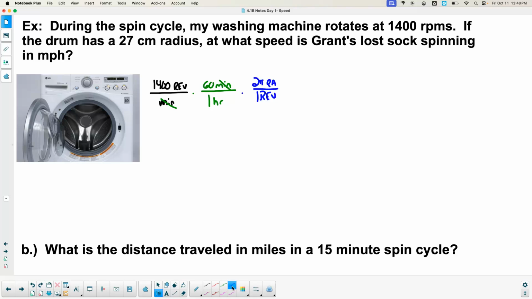Well, he's in the west, so this is not far. 15 minutes. I can't read the first part of the question. How far does a sock travel in 15 minutes? Okay, so it would be this number.